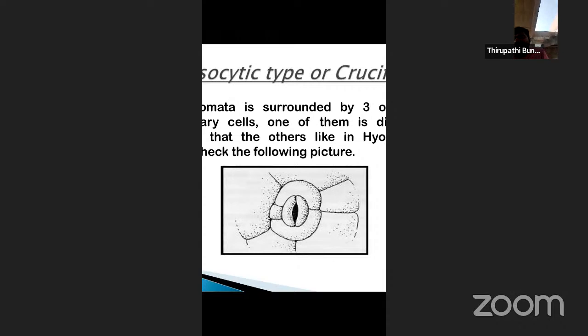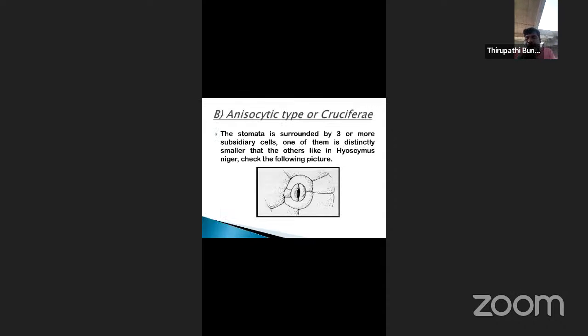This unequal arrangement is called anisocytic stomata, or cruciferous type.